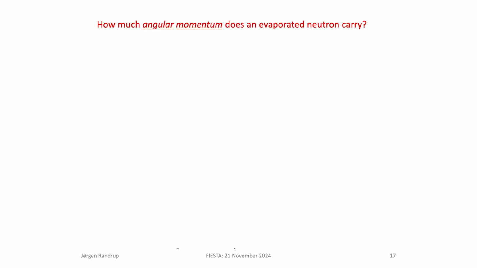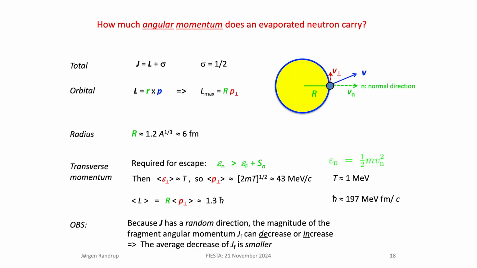Anyway, now, that takes care of the linear momentum the neutron takes out. What about the angular momentum? Of course, it takes away some. Certainly it has a spin of a half, that counts for something, and then it has an orbital angular momentum somehow. Let's look a little bit at it. It comes out, the normal velocity is slowed down because it has to overcome the potential there, and then it has a perpendicular velocity, and basically the cross product is the radius of the nucleus times the perpendicular momentum. That's the angular momentum.